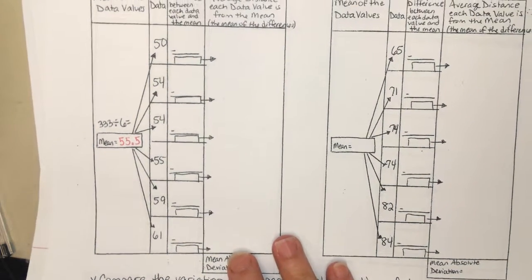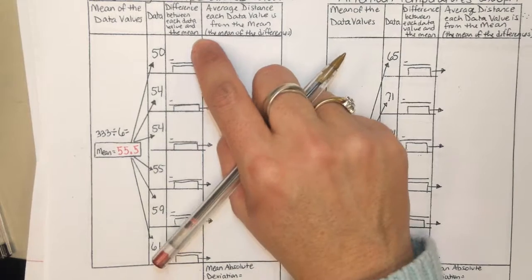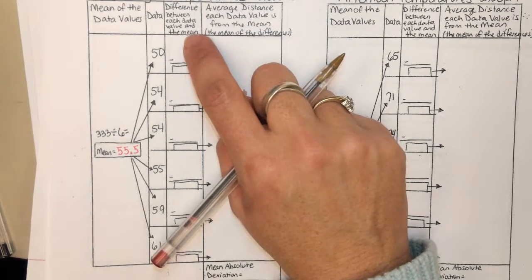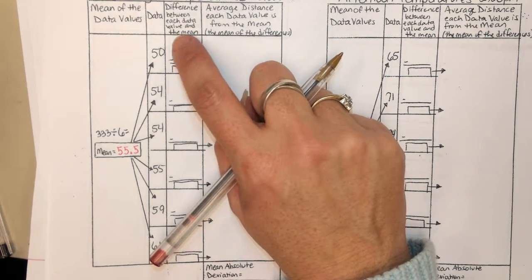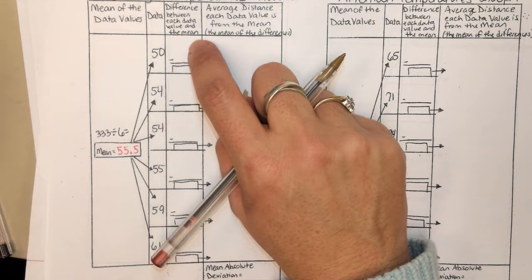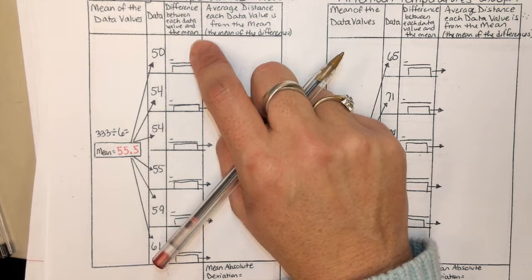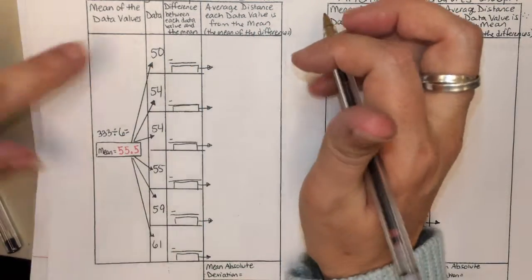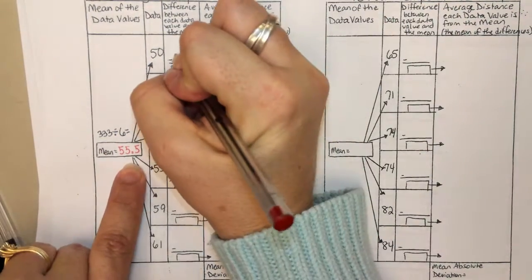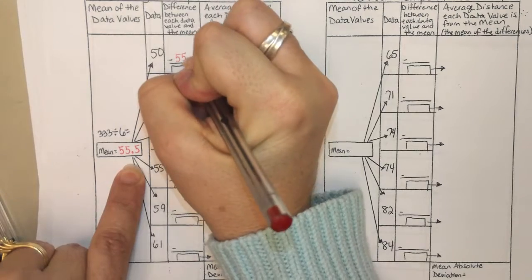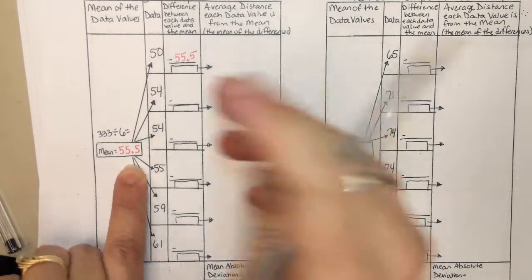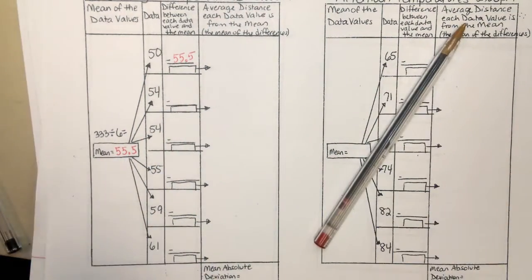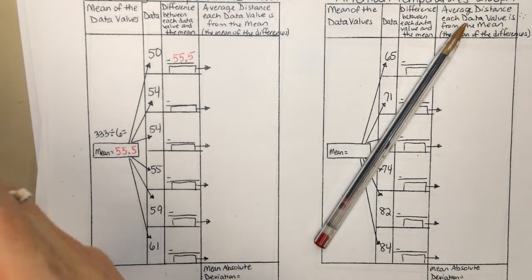Now, once you have the mean of your data set, okay? Look at what the next box says. We need the difference between each data value and the mean. Difference means subtract. So, look what we're doing. We're going to take our data and subtract out our mean, 55.5. Now, if we get a negative number, we are going to change it to a positive.